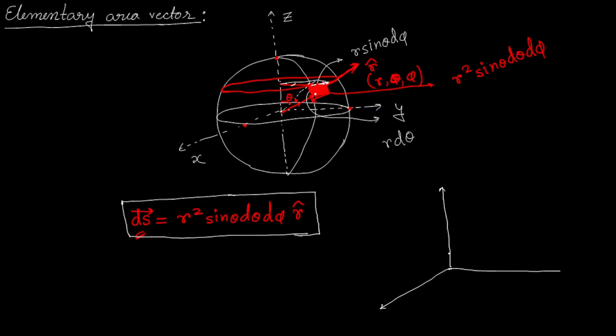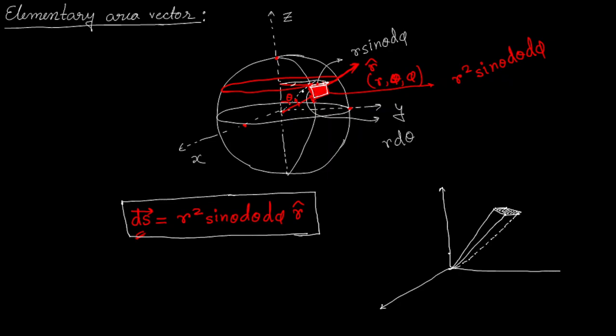So for that, I am just drawing this portion again here. Now when you consider only a sphere of radius r, that time r will be fixed on the curved surface.